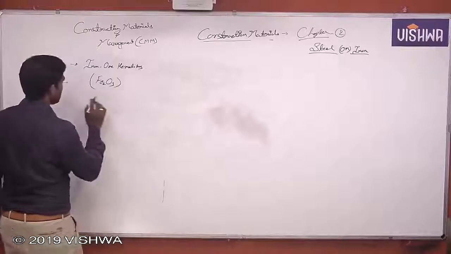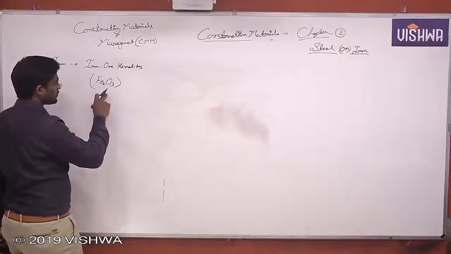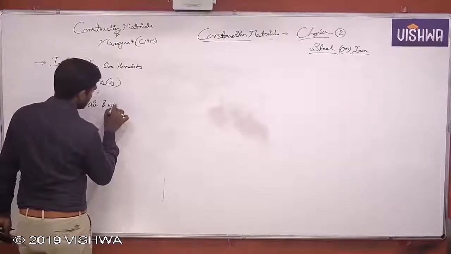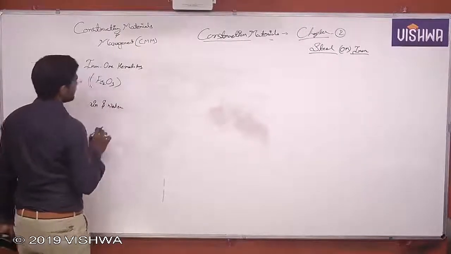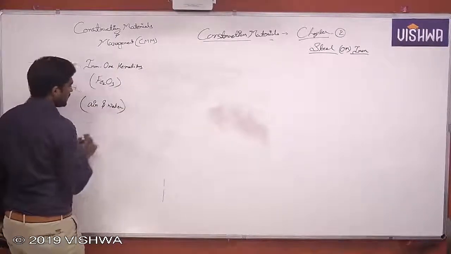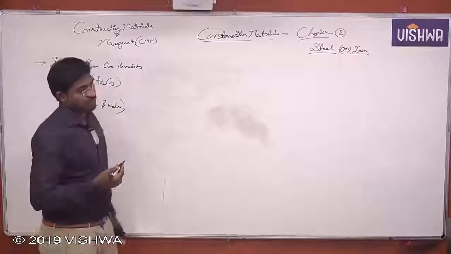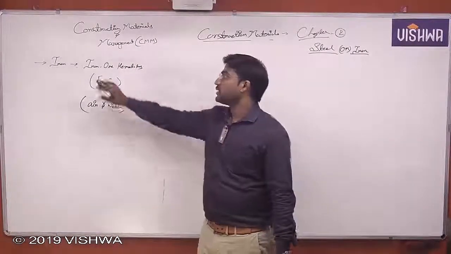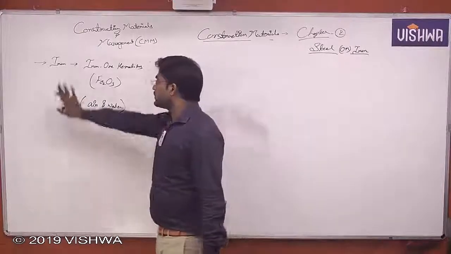Iron is extracted and it reacts with oxygenated compounds like air and water. Iron or hematite combines with air and water, and the output that we are seeing is iron. So that is a brief description.